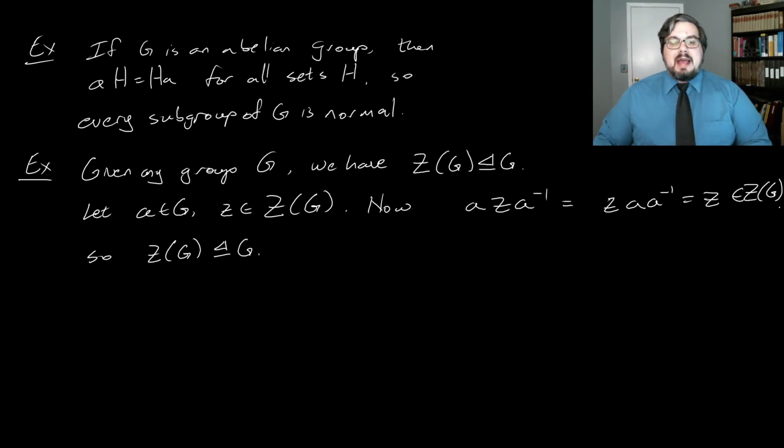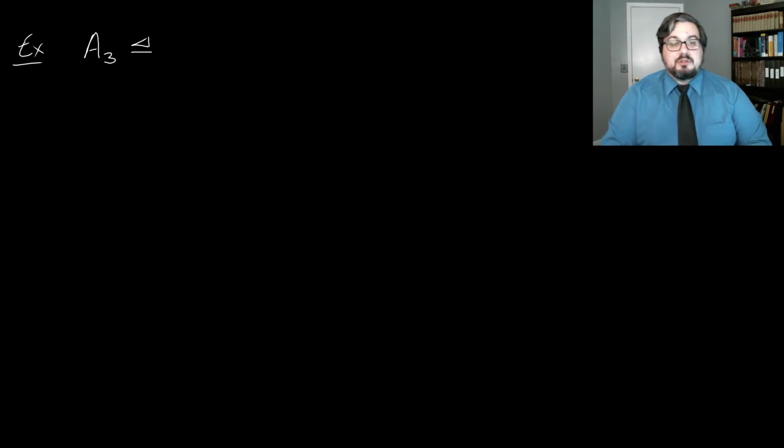All right, let's look at something that's not quite as abstract. Let's look at a specific example. Let's show that the alternating group of degree 3 is a normal subgroup of the symmetric group of degree 3.